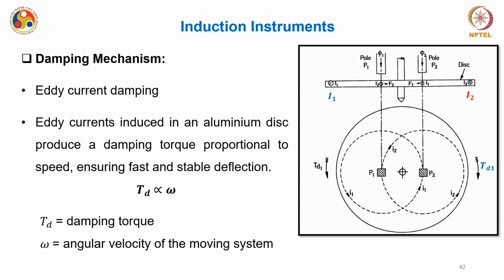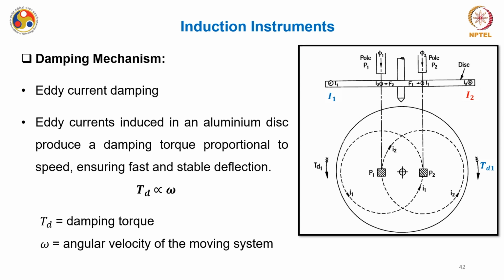The damping mechanism, irrespective of what kind of instrument this is, is done by using eddy currents. Eddy currents induced in an aluminum disc or in an aluminum drum produce a damping torque which is proportional to speed, ensuring fast and stable deflection. We have seen that eddy current damping is not possible in all analog instruments, because many of them do not use a conducting former or even the core.